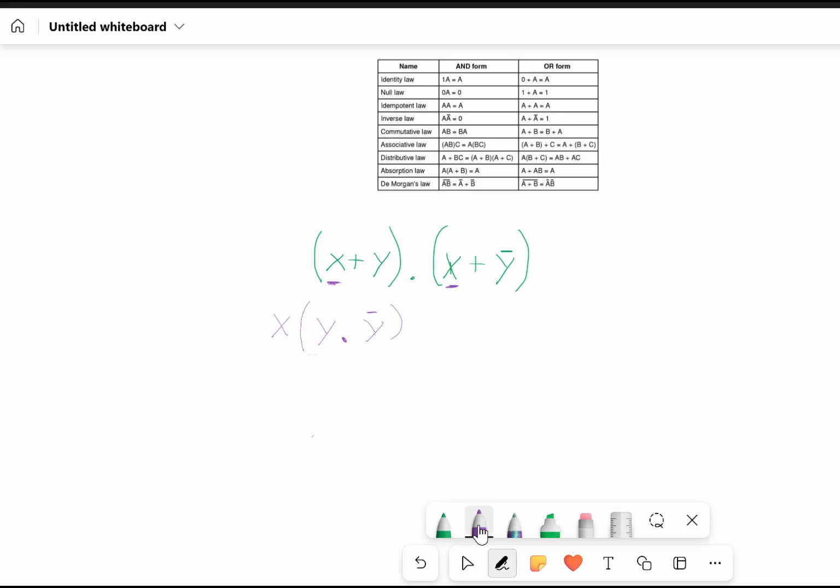So by me grouping them together, X, Y, now it's going to have to be getting rid of that, putting this over here and turning it into an AND. Then we're going to have this as our next law, which is inverse. When you've got Y and NOT Y, it gives us 0.